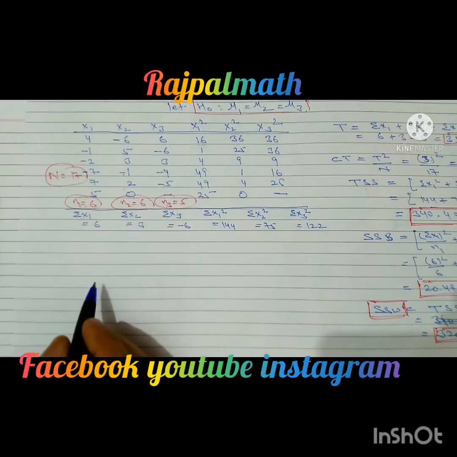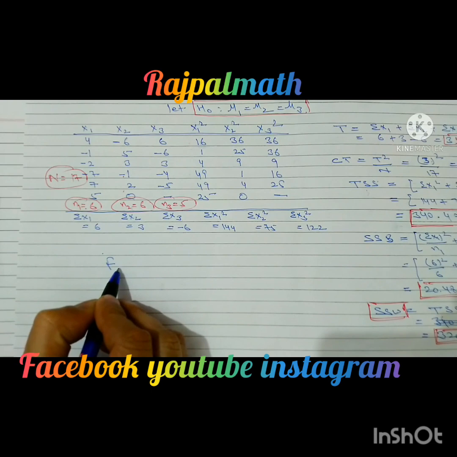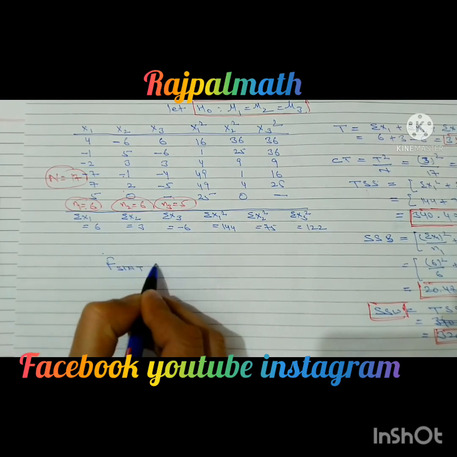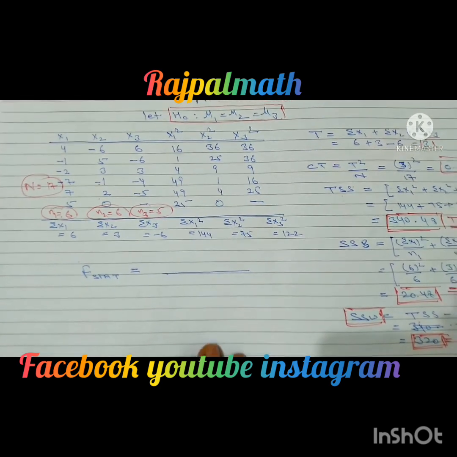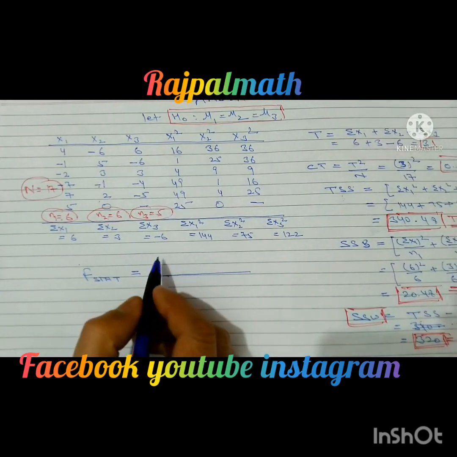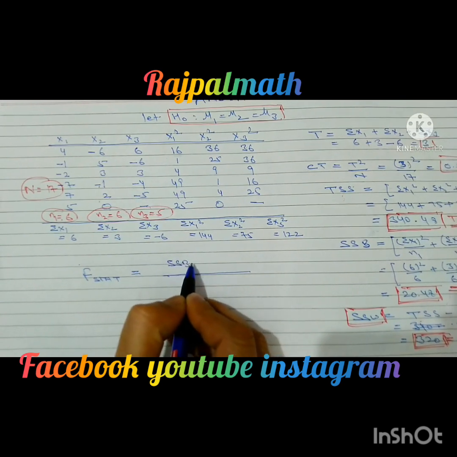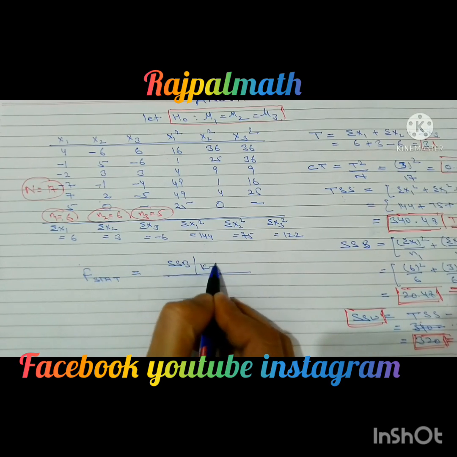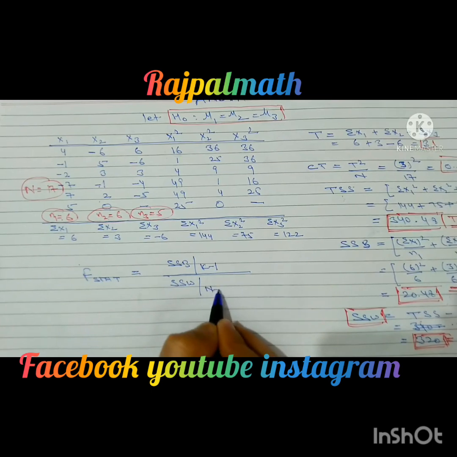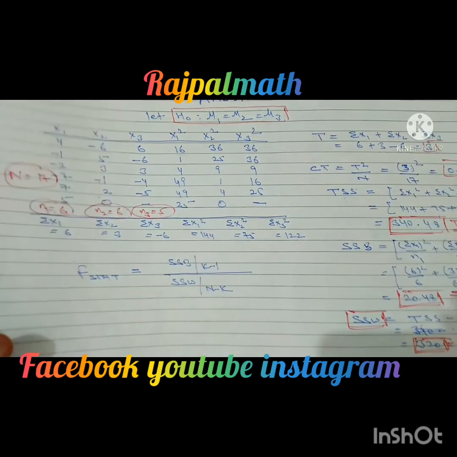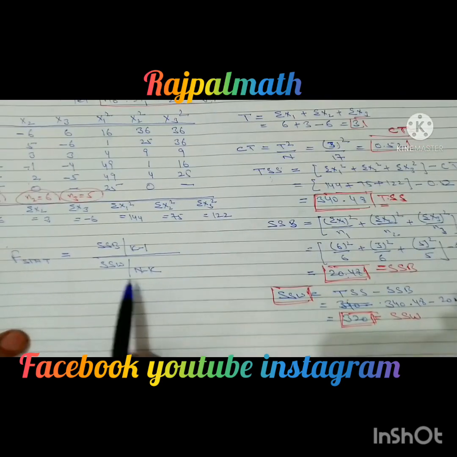Now the formula for F stat. F stat is SSB divided by K minus 1 over SSW divided by N minus K. SSB is 20.48.